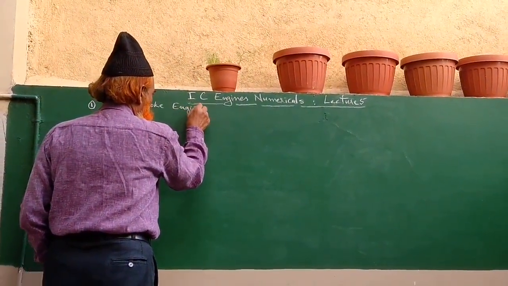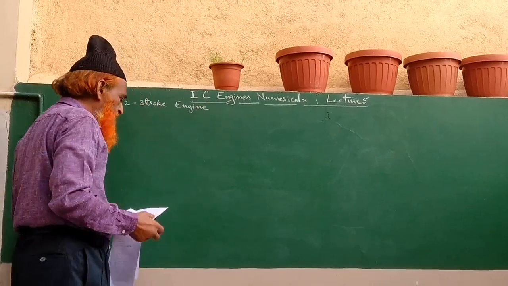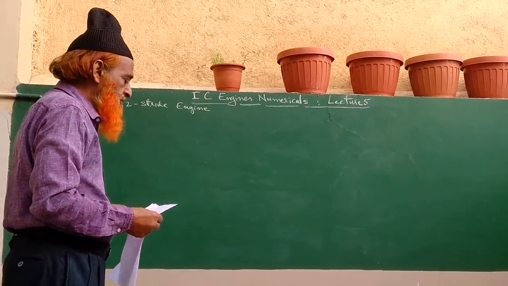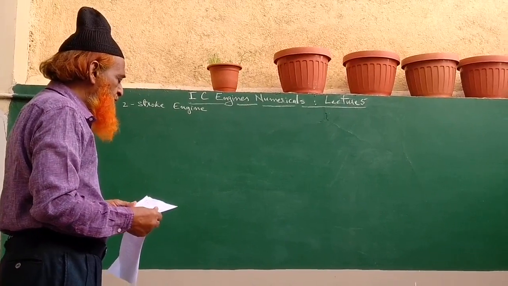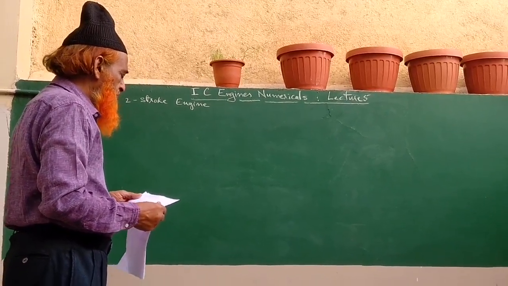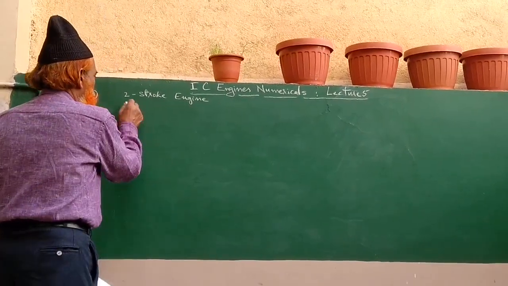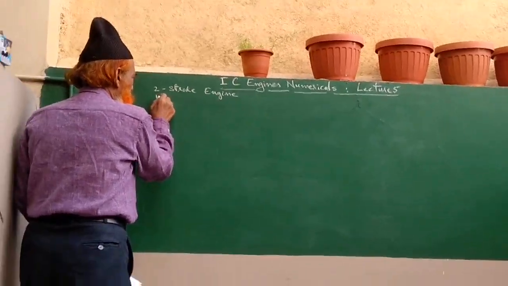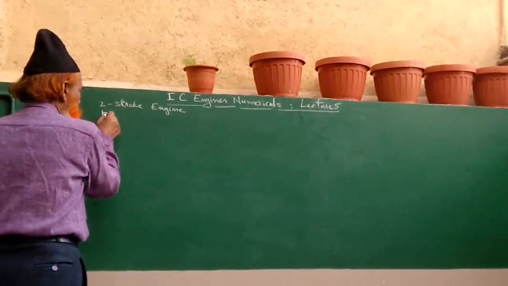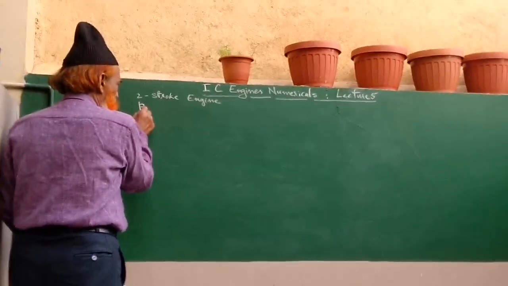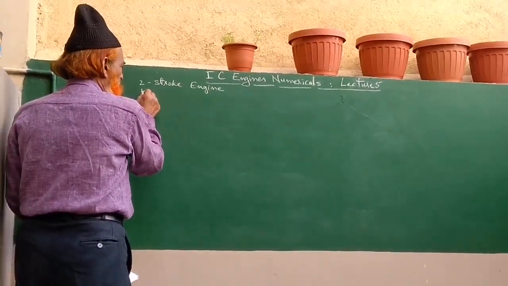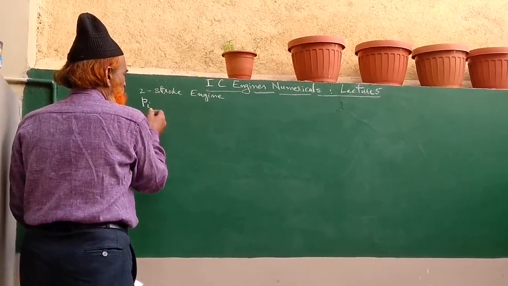Then what is given in the numerical is the mean effective pressure, 8 bar. Mean effective pressure, the notation is P or PI, or PIM, whatever you want, you can take.